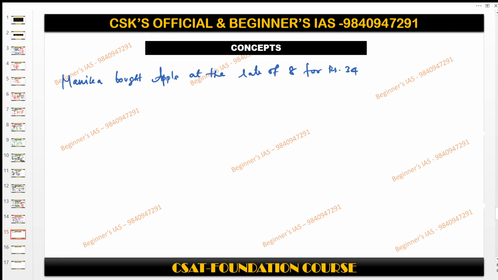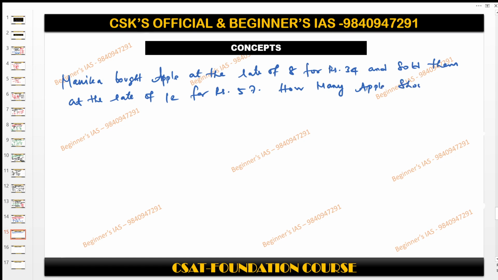Don't say not possible, just taking for your question purpose. Now she sold them at the rate of 12 for rupees 57. How many apples should be sold to earn a net profit of rupees 45?